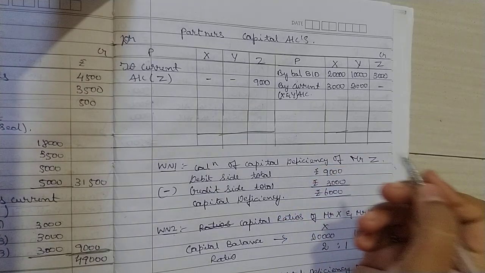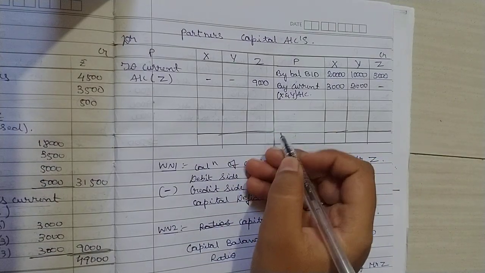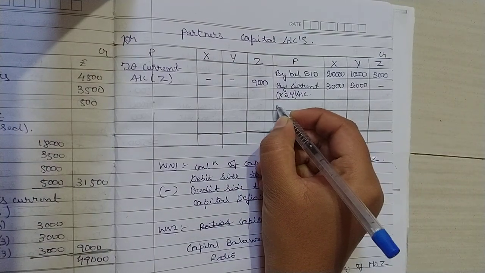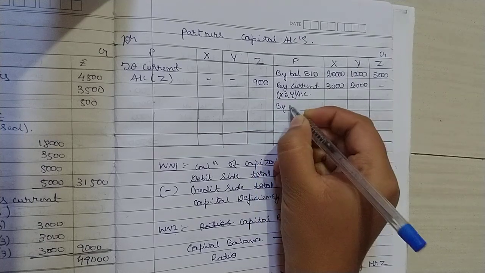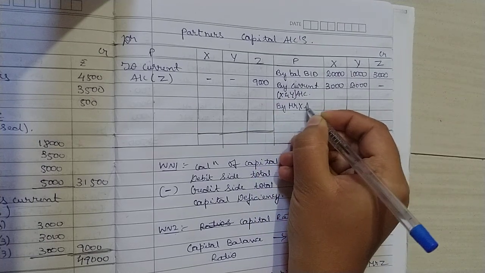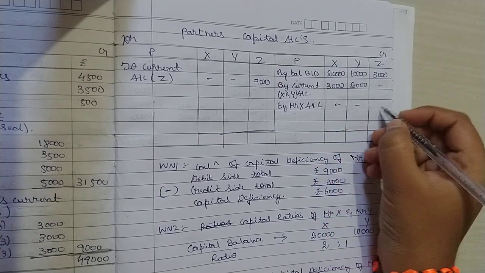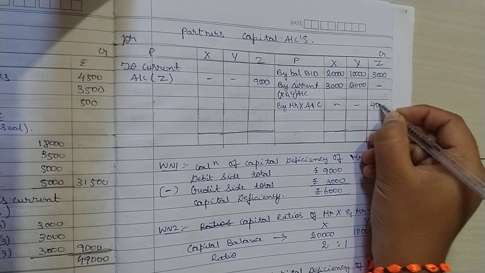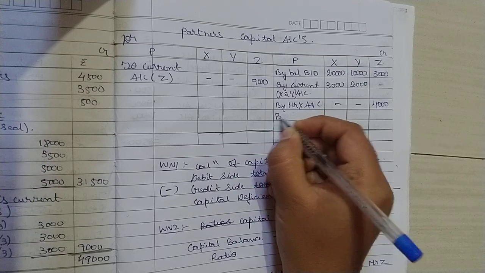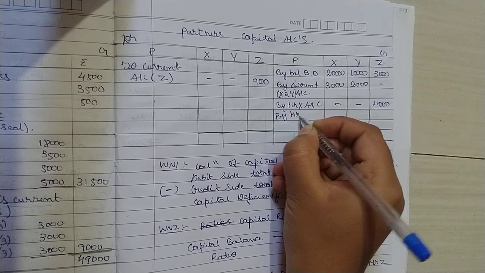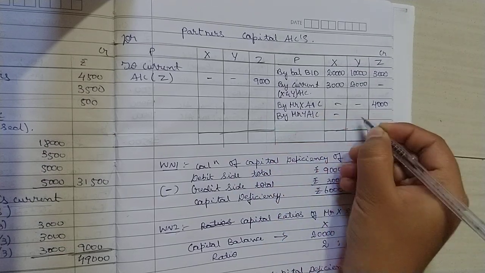Now after allocation, you have to fill in the partners' capital account. How do you do that? How much is Mr. X paying by Mr. X account? It is rupees 4,000. Next, by Mr. Y account, how much is Mr. Y paying?